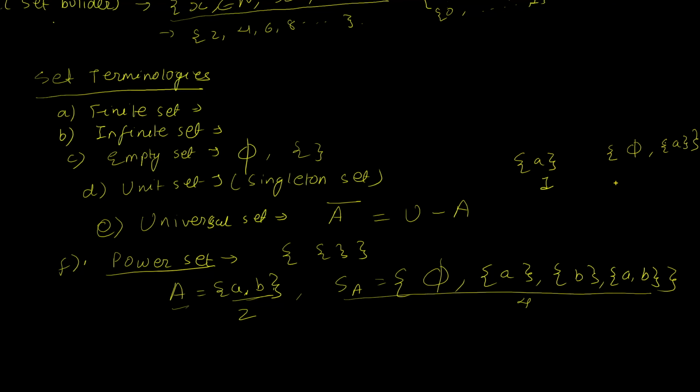So for one element, I have 2 subsets, and for 2 elements, I have 4 subsets. I could prove using mathematical induction that a set in general would have 2 to the power n subsets, given that it has n elements. So if this has 2 elements, 2 to the power 2 is 4, and that is why this has 4 subsets.